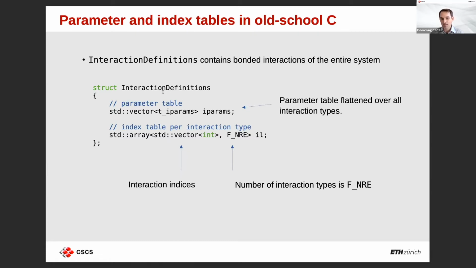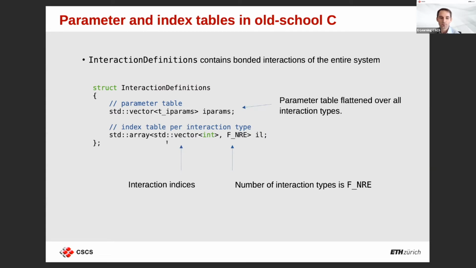Now it's actually pretty simple to fully define the whole interaction table. And in GROMACS, it looks like this. The parameter table is actually just a single vector that has all those parameters. And so since it's a union, it's all the same types. So that information, what particular type it was, did get discarded in this format, and so it's flattened over all the parameter types.